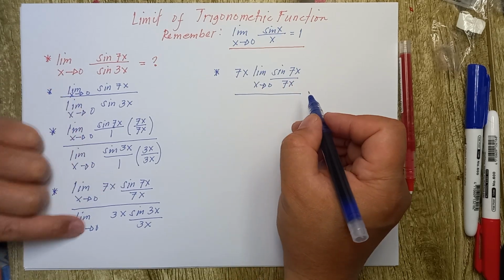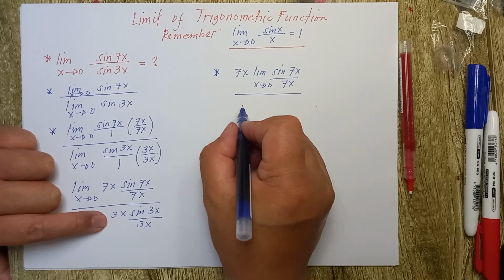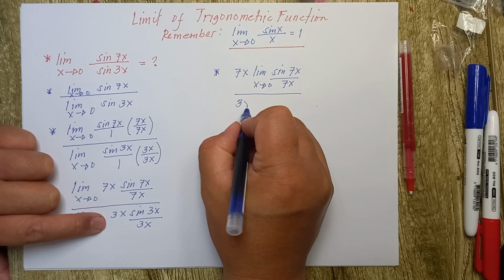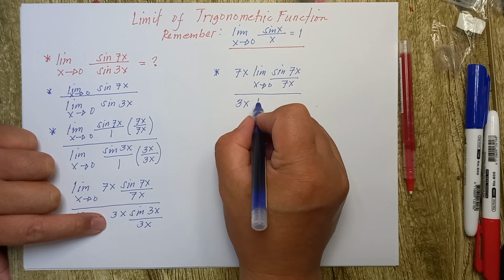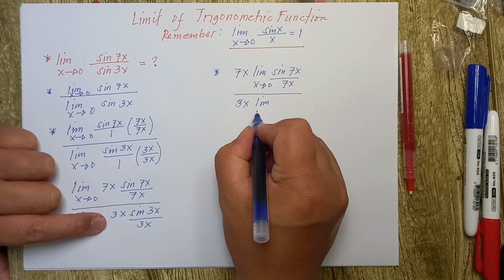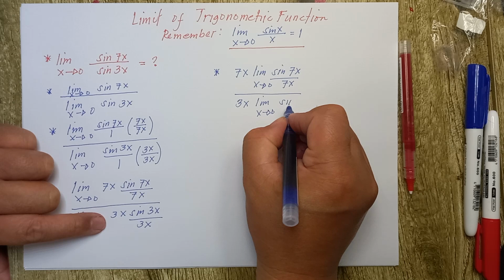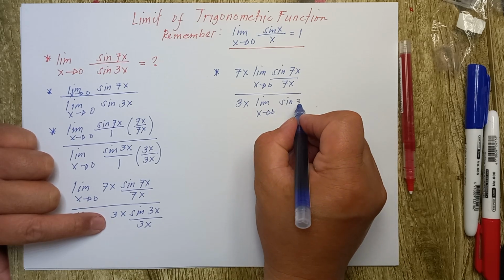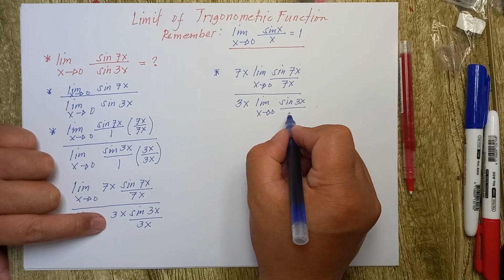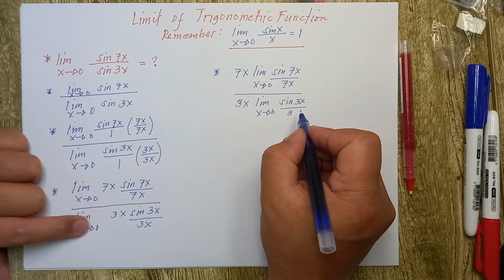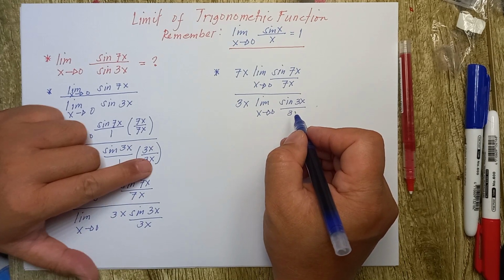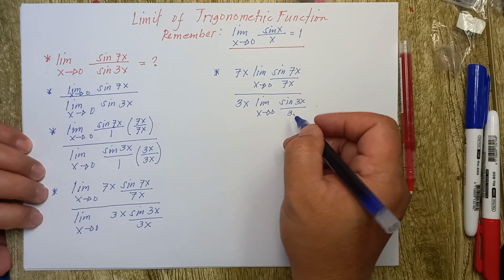So what about the denominator? We can factor out that one. That is the same as 3x times the limit as your x is approaching 0 of sine 3x over 3x.